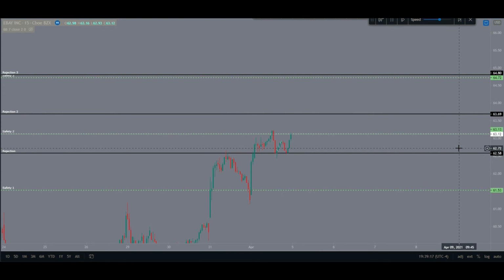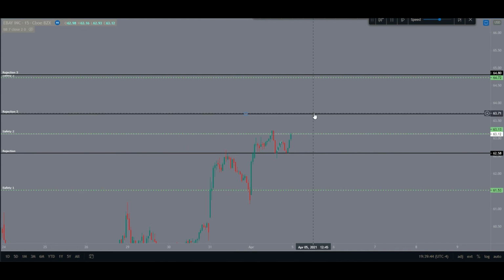By the same token, 63.72 is going to be something important for us, which is right by our next rejection line here. We want to see strong selling or strong buying again right up here, right on our line, which happens to be 63.69, and it's also very close to our 72 marker.